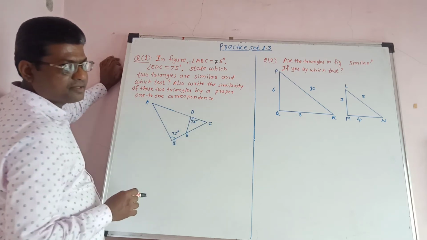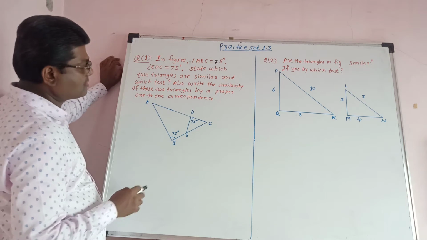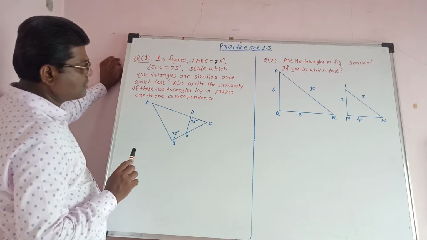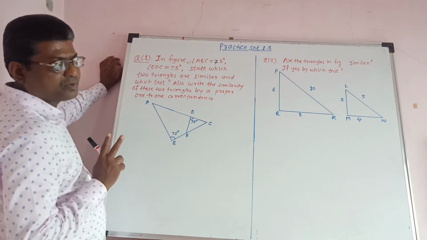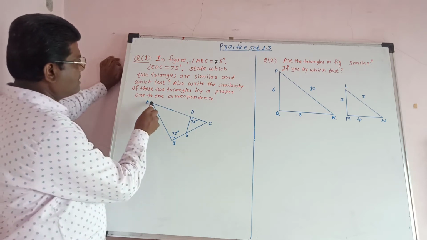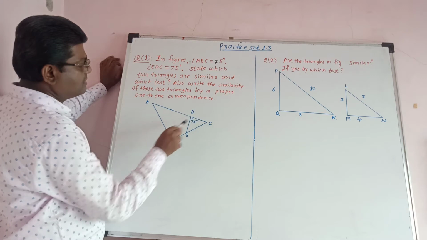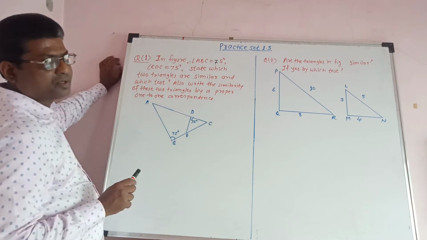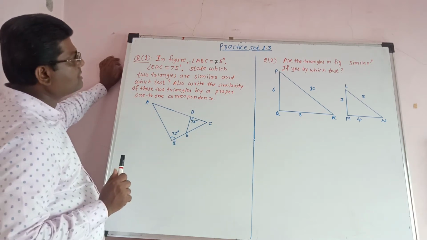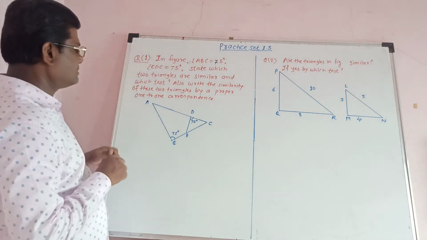Therefore, two angles are congruent. Therefore, triangle ABC and triangle EDC are similar by the AA similarity test.